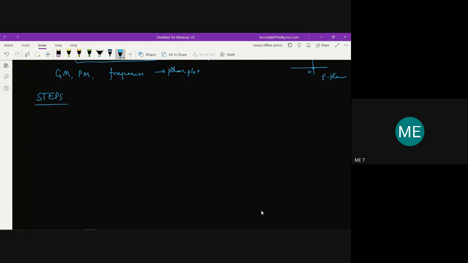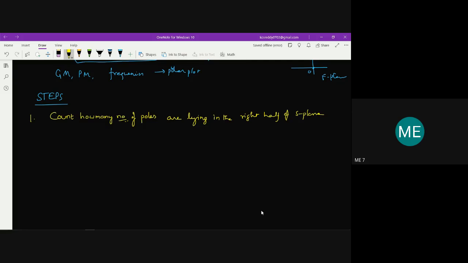The steps involved: first and foremost, we are going to find P. Count how many poles are lying in the right half of the S plane.